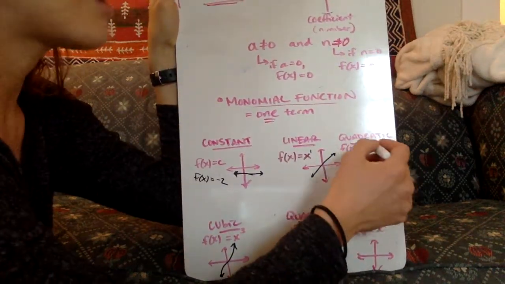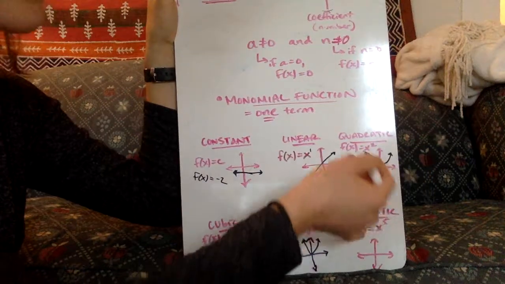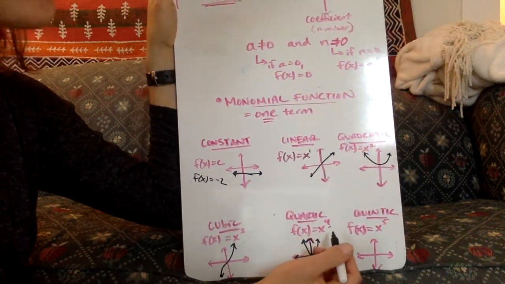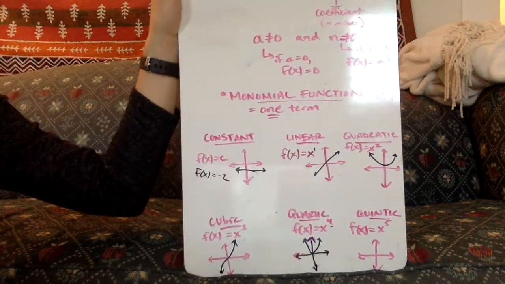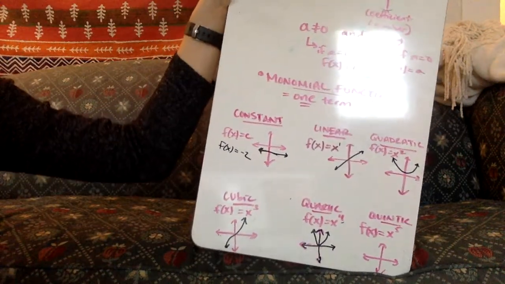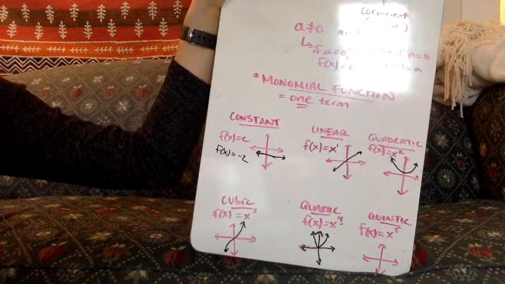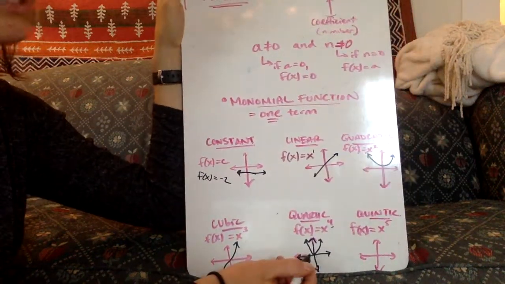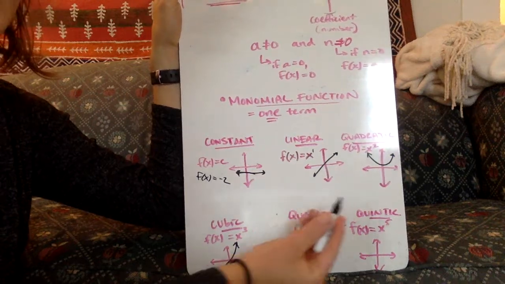If I plug in x equals 2, I'm going to have y equals 4 here, versus x equals 2 for x to the 4th, I'm going to have y equals 16. So that's a big difference.